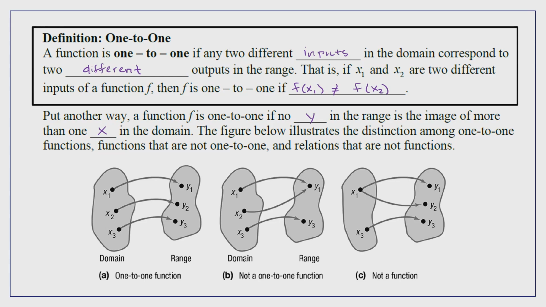B is not a one-to-one function because y1 is the image of both x1 and x2. C is not a function because x1 has two images, y1 and y2, meaning it maps to two different y values.